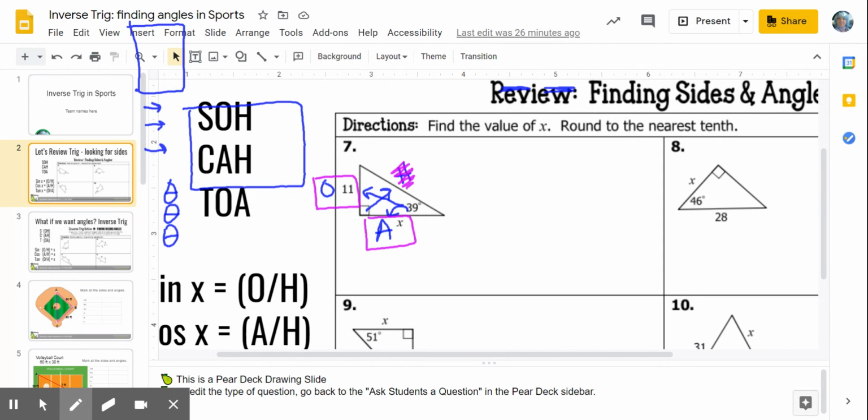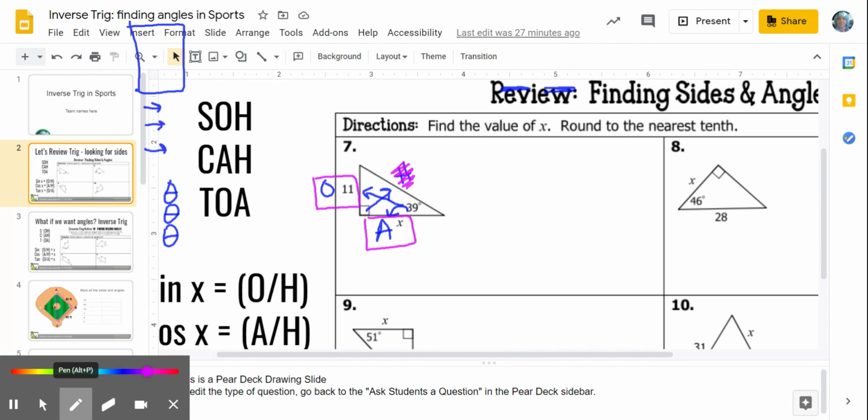Which one of my 3 functions works with O and A? TOA, absolutely. So we're going to use tangent.